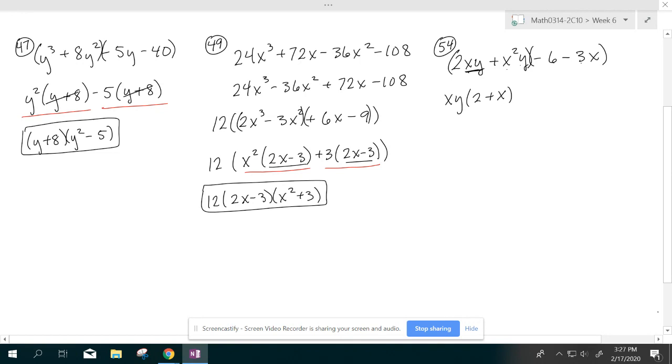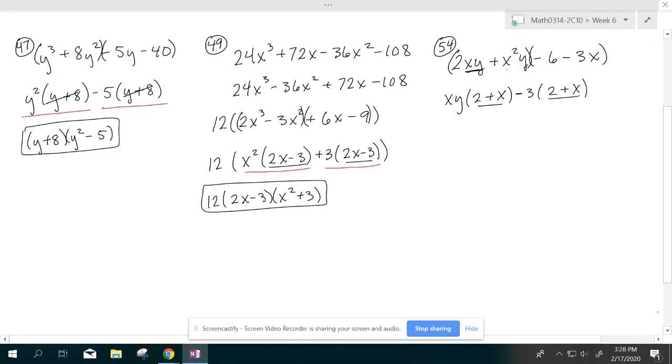Now, what do the second group have in common? Yeah, well, a negative for sure. And they both divide by 3. 6 divided by 3, and 3 divided by 3 leaves me a 1. And do y'all see that both of the signs change when I take out a negative? Now, does the stuff in the parentheses match?